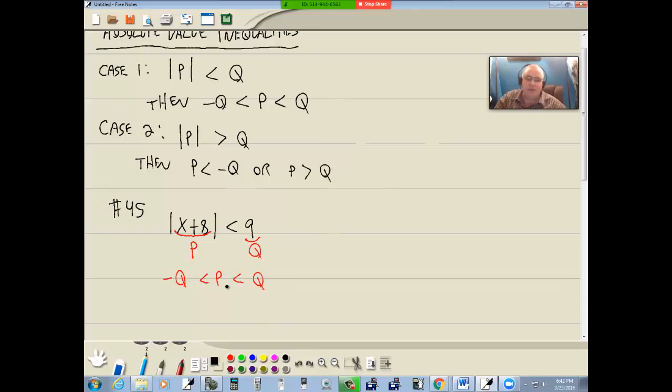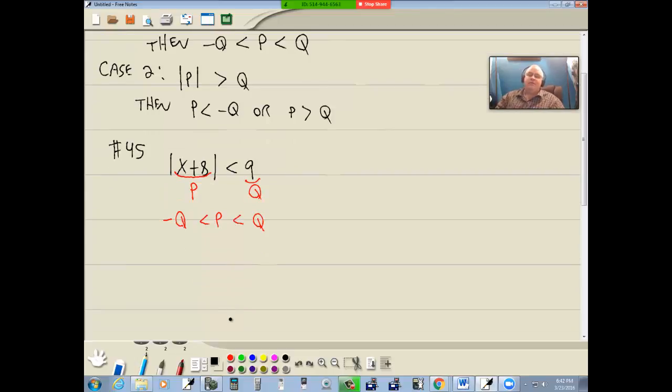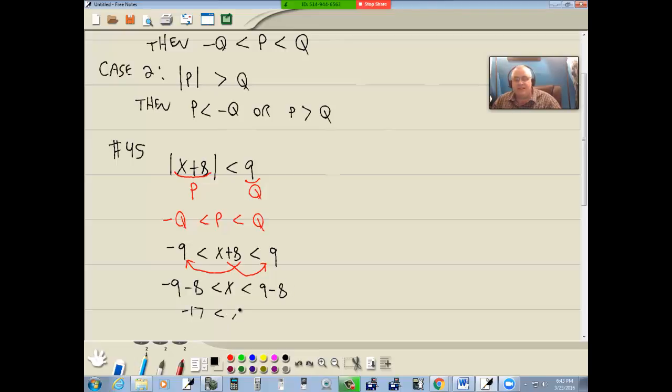Now everywhere I have a P, I'll plug in x plus 8, and everywhere I have a Q, I'll plug in 9. So I got negative 9 is less than x plus 8 is less than a positive 9. Now our goal is to get the x by itself, so I'm going to take the 8 and move it over to the other two sides. When you take anything across your inequality symbol, the sign changes, so the positive 8 becomes a negative 8. Negative 9 minus 8 gives us negative 17, it's less than x, and 9 minus 8 is 1.